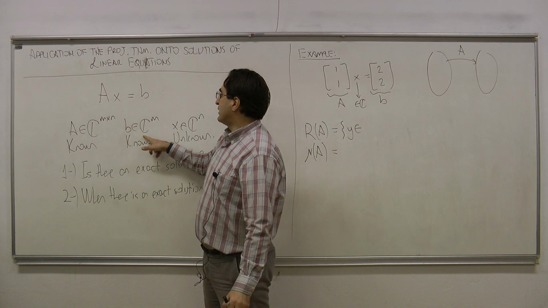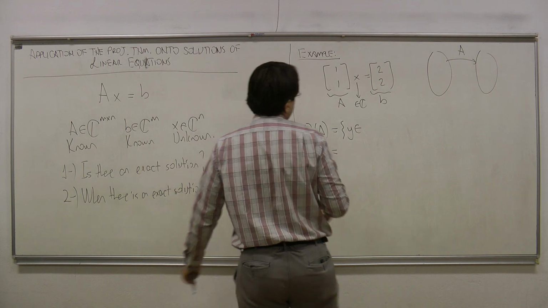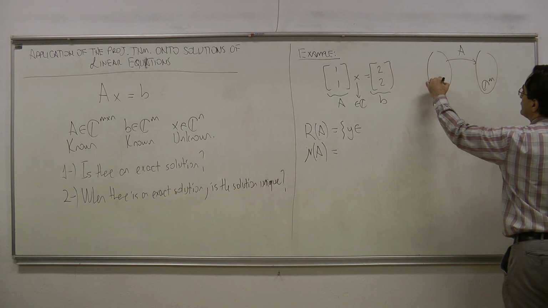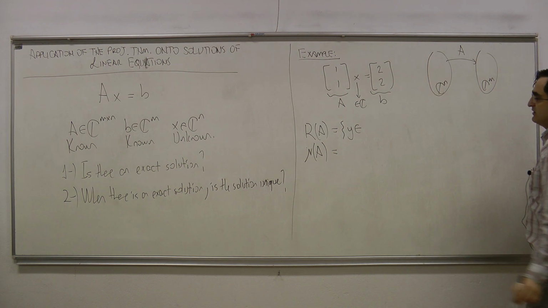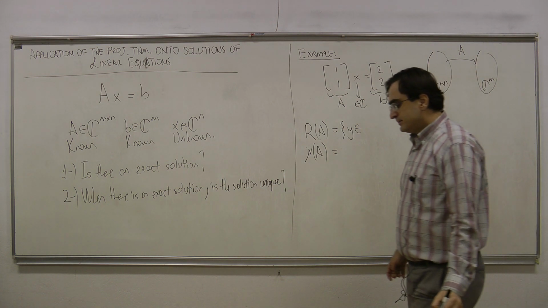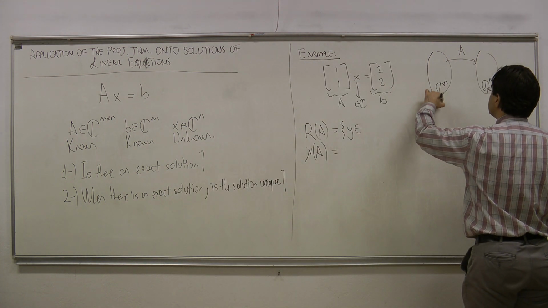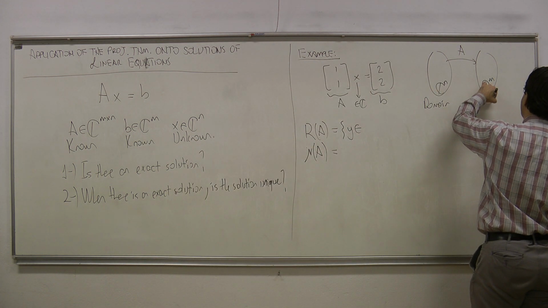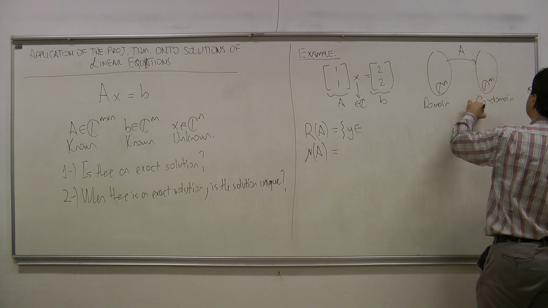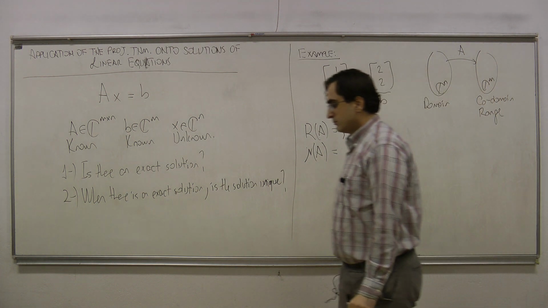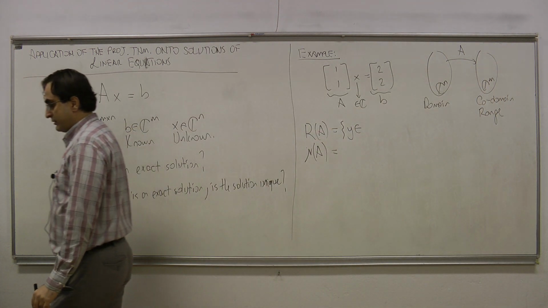B's are in Cm. Therefore, the codomain of the transformation is Cm. And the domain of the transformation is Cn. All right? This is the domain, and this is the codomain, or sometimes people call this the range of the transformation. It is the same thing.